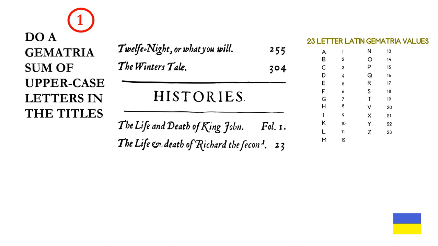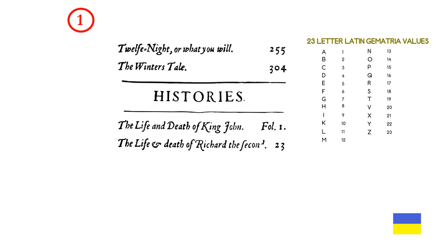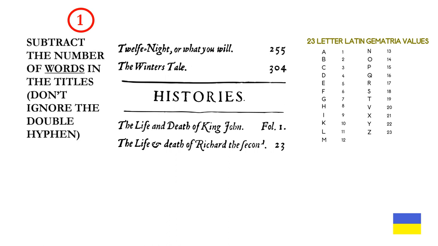So, first equation, I want you to do a gematria sum of uppercase letters in the titles alone. Then subtract the number of words in the titles, and don't ignore the double hyphen.